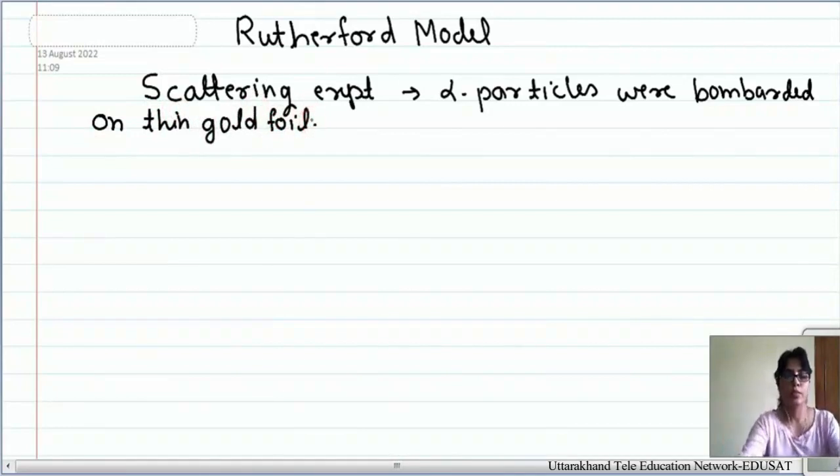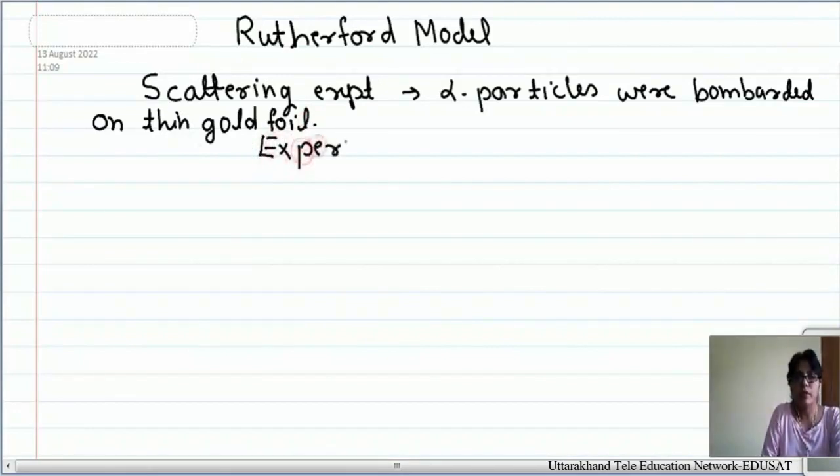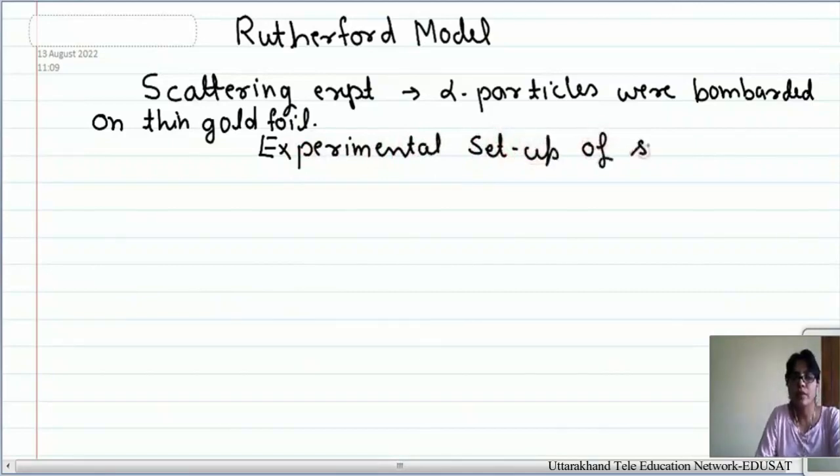So let us first make a diagram of this. What is the experimental condition? So let us make a diagram for the experimental setup of scattering.